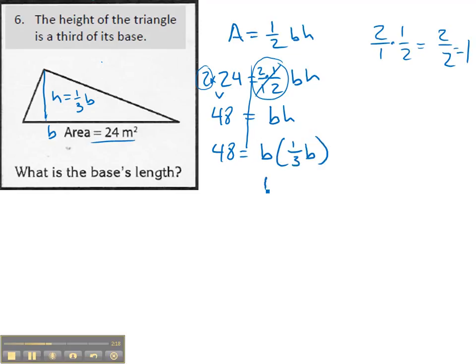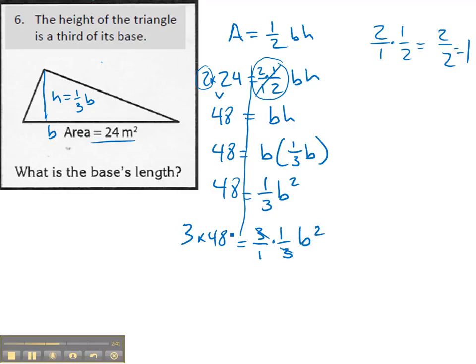We get 1/3 times b is b squared. We get rid of that 1/3 by multiplying both sides by 3, because 3 over 1 times 1/3, these will cancel. We just get 1b squared.